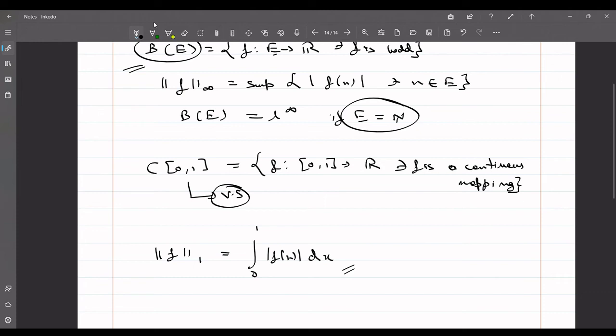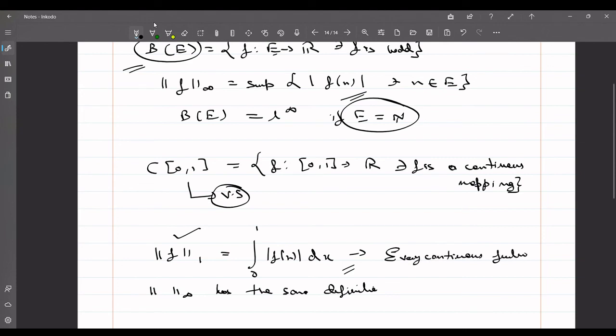The norm infinity we can define as we did here, with the same definition. Now this definition is apt because we know every continuous function is Riemann integrable. That's why this definition is appropriate.